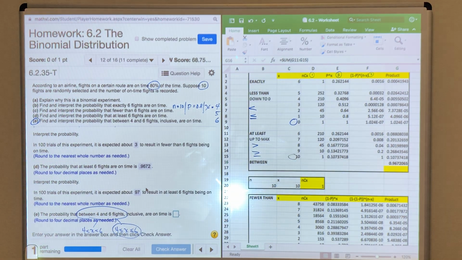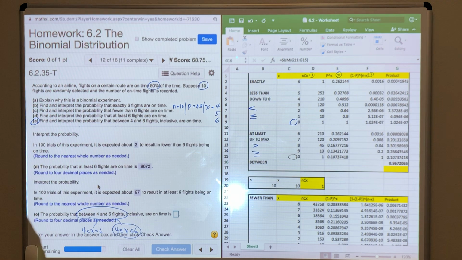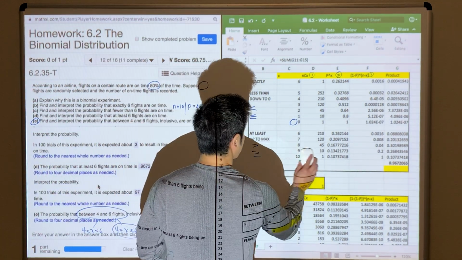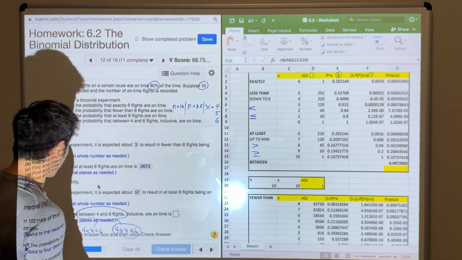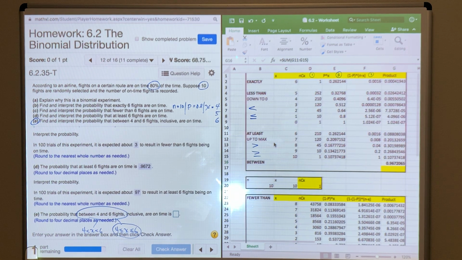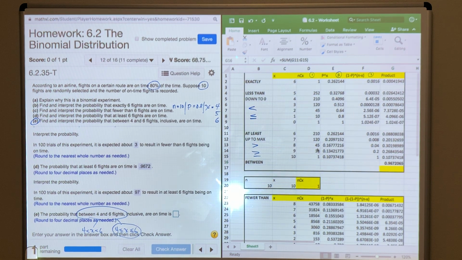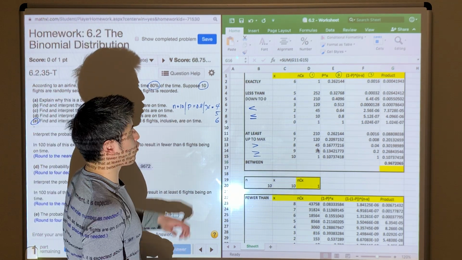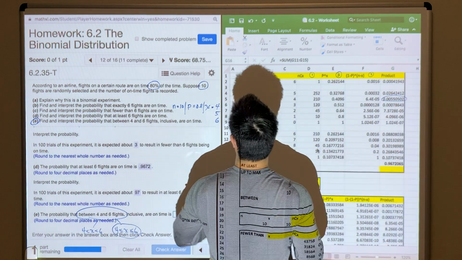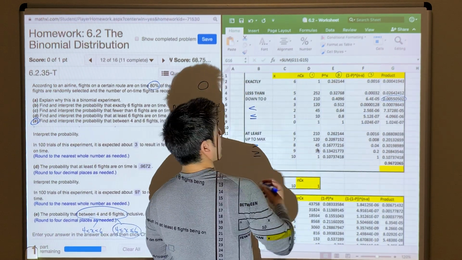Well, the great thing here is all of the work that I did earlier got me set up where I can answer this problem pretty quickly. All I have to do is figure out the probability for 4. Do I already have that? I do. There it is. Probability for 5. Do I have that?